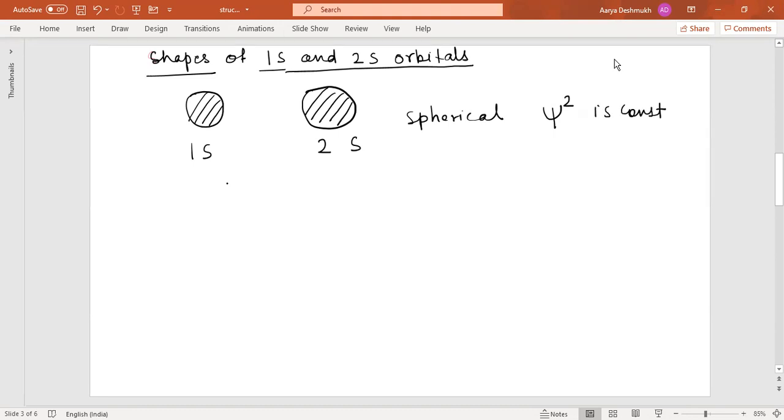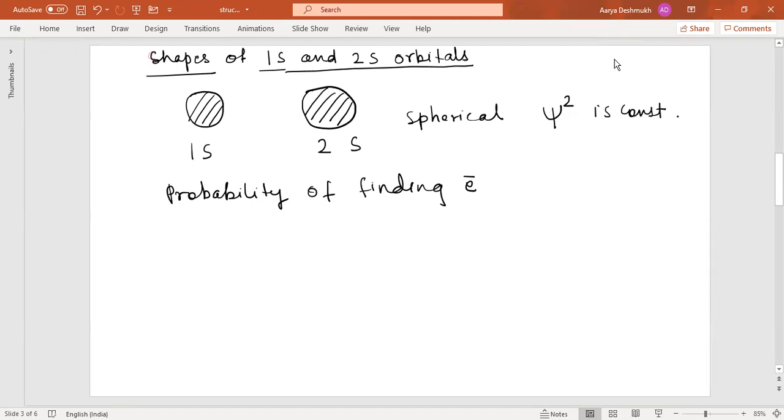It encloses a region where the probability of finding the electron is typically more than 90%.